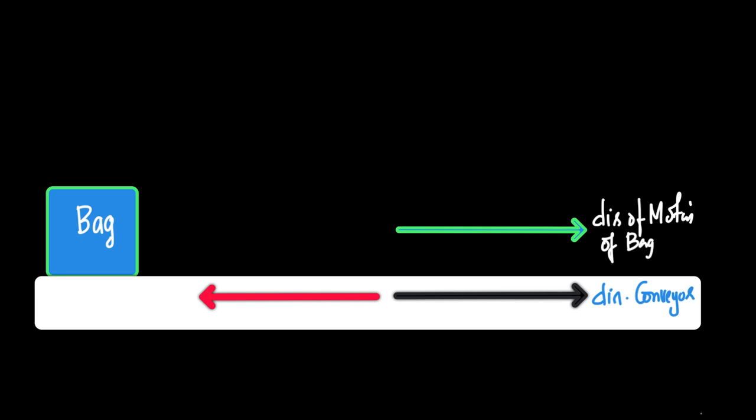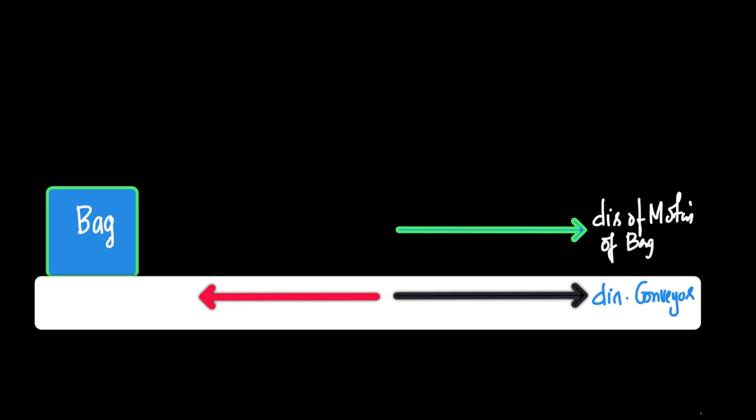Make sure that you give your maximum concentration here. This conveyor is moving towards the right. Am I correct? Yes, I hope there's no doubt in that. The bag is also moving towards the right.